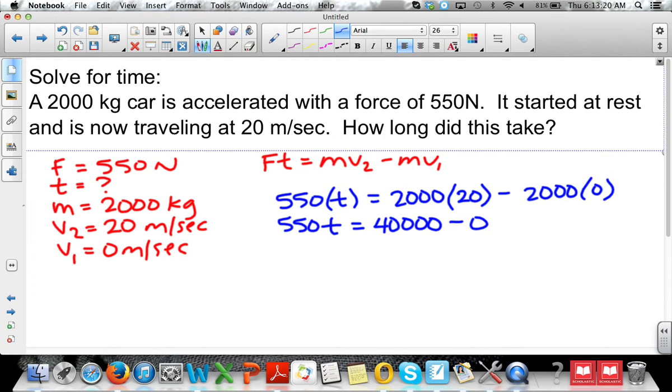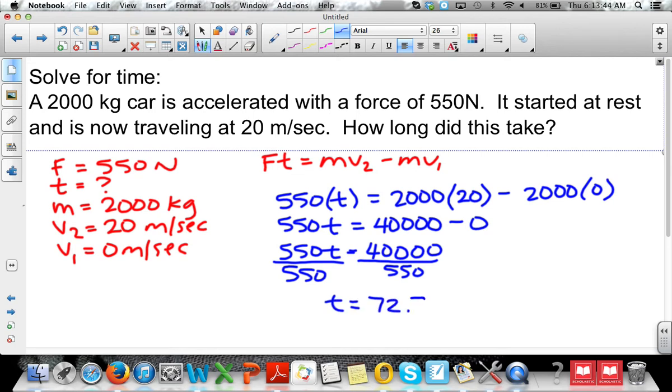Minus 0. The zeros are nice. So now, simplify a teeny bit more. And then the way to get t by itself, you have to divide by my 550 here. And we will get that t equals 72.7 seconds.